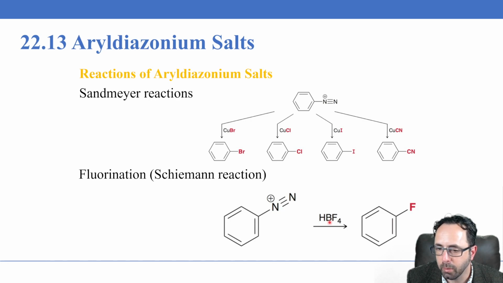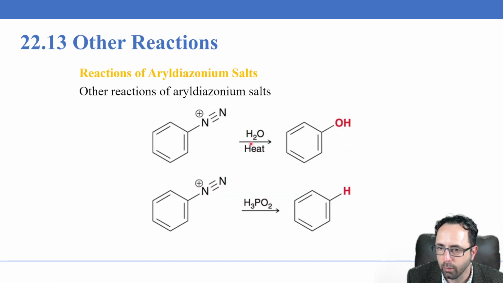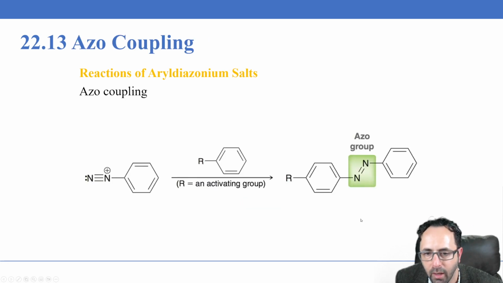If we react with HBF4, we can replace the diazonium group with fluorine. If we react with water, we can replace it with a hydroxyl group. And if we react with H3PO2, we can replace it with a hydrogen.